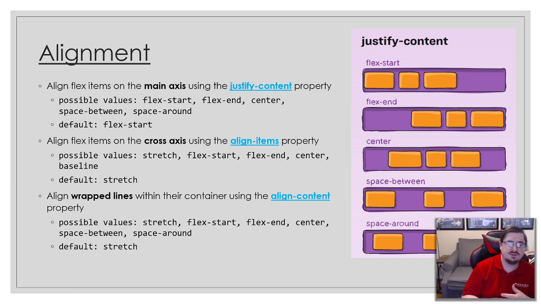Stretch says expand to the full size of the cross axis, which is the default. Baseline is similar to center, but it will line things up so that the lines of text line up. So if this element has a size of 40 and this element has a size of 30, it'll line it up so that the text is at the same level.